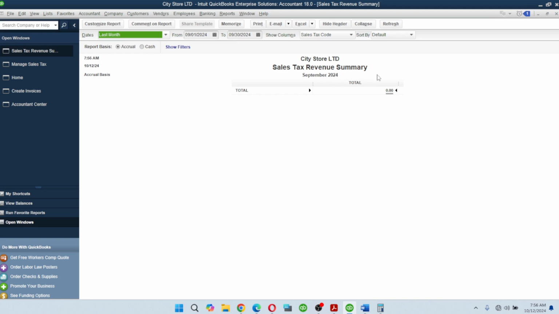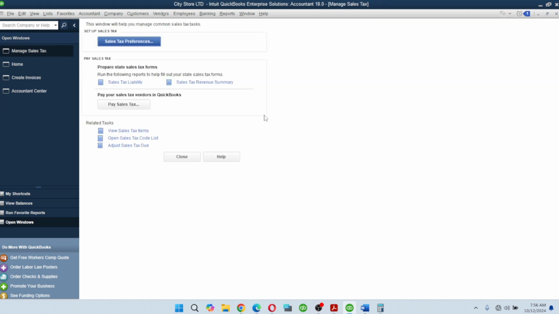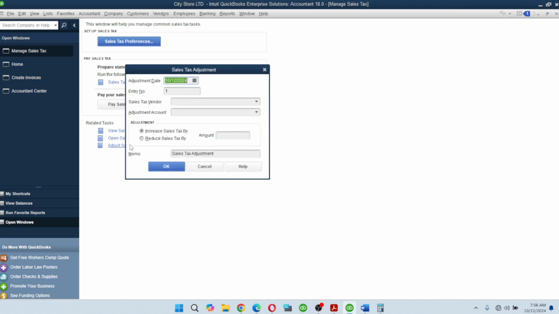If you want to get the summary of your tax revenue, you can just click here and filter it according to date. So this is for October. You can see this is our tax revenue, the revenue that generated the tax we are about to pay. At the end of the day, you need to adjust it so that you know what you're supposed to pay. So when you come to this place, the date of payment, let's say you want to actually pay it in November.